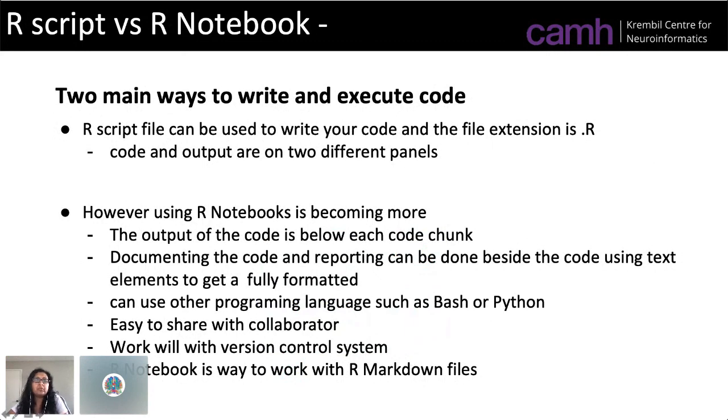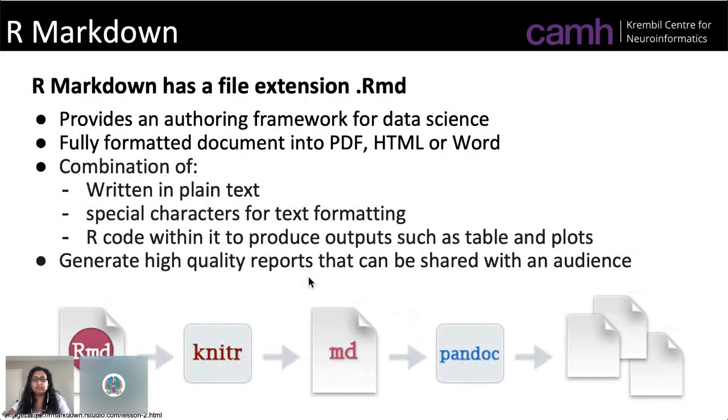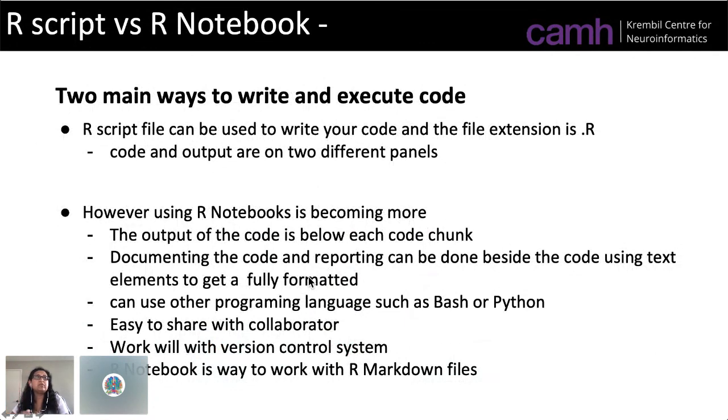Whereas an R notebook is a little bit more user-friendly, because the output of the code is just below that code chunk. I'll show you that in the example. It's more user-friendly in the sense that you can document the code and report. Your report can include the code and the output at the same time, so it's like having a more finished, easy document to read.